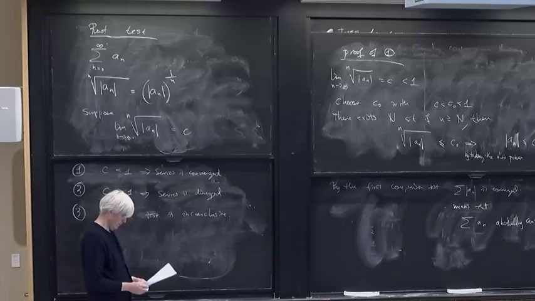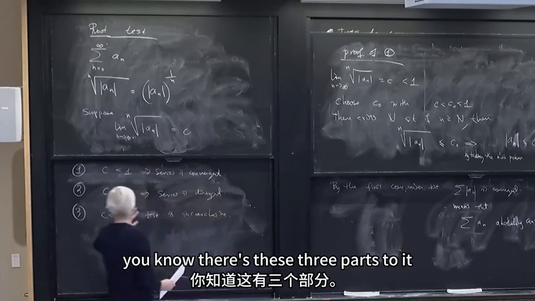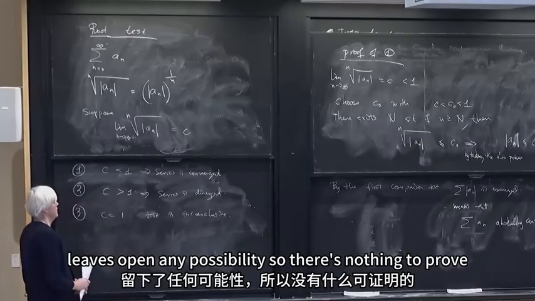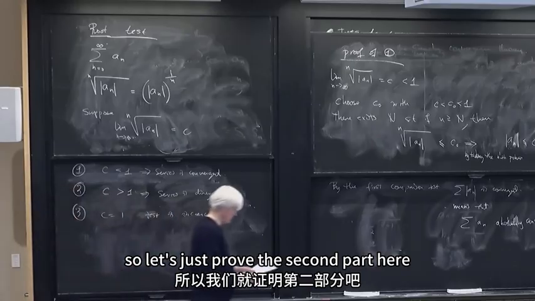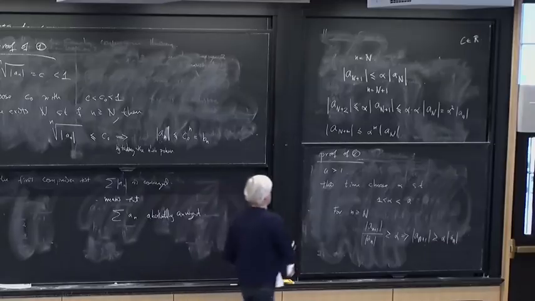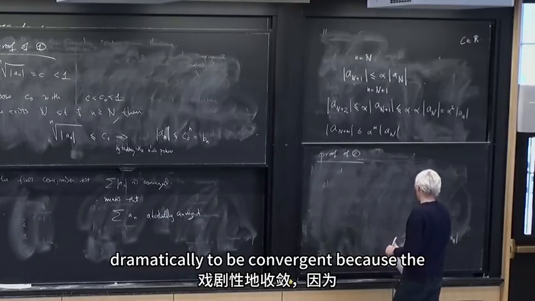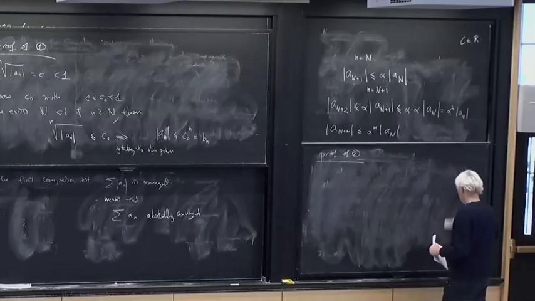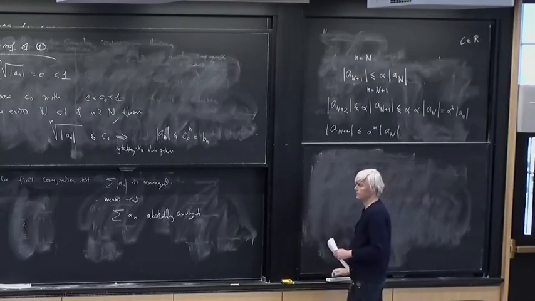Okay. Now, again, there are these 3 parts to it, but the last one leaves open any possibility, so there's nothing to prove. So let's just prove the second part, and that goes similarly. And it fails dramatically to be convergent because a_n, as we will see, does not actually go to 0.